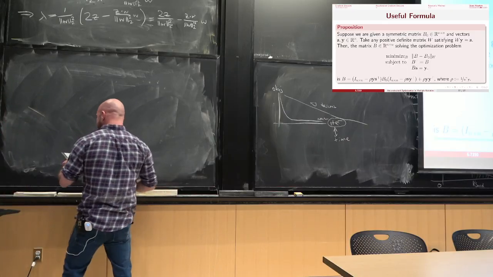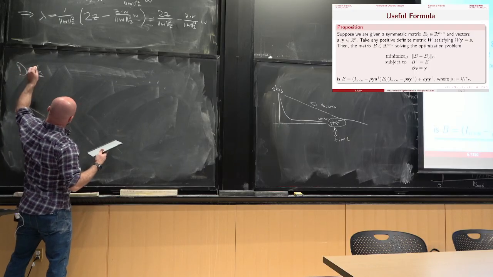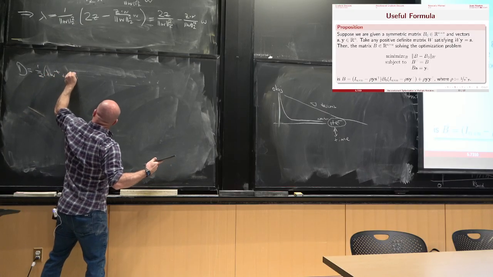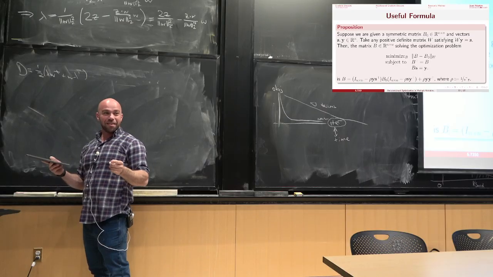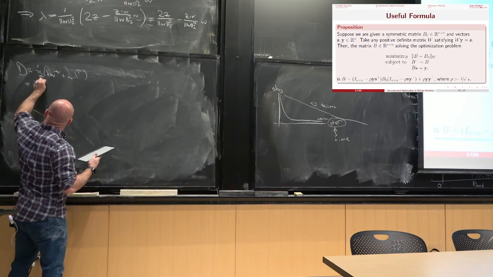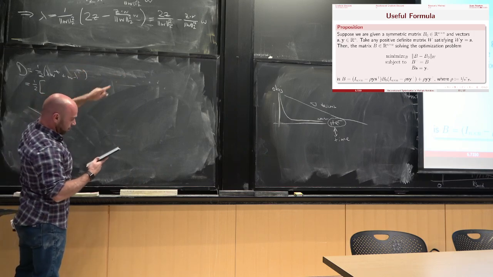Okay, so we have, from before, D is equal to 1/2 lambda W transpose plus W lambda transpose. Now we are going to substitute in lambda. Everybody get excited. This is going to be 1/2. Now we've got lambda here, right?